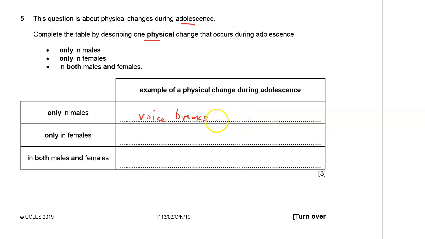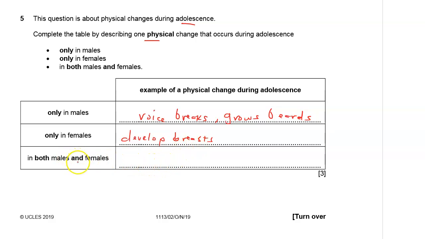Can also give you another one. They start to grow a beard. Those are two. You can just write one. What about in females? Of course, at adolescence, they develop breasts. Females will develop breasts, and of course, they will start their menstruation. That's another physical change.